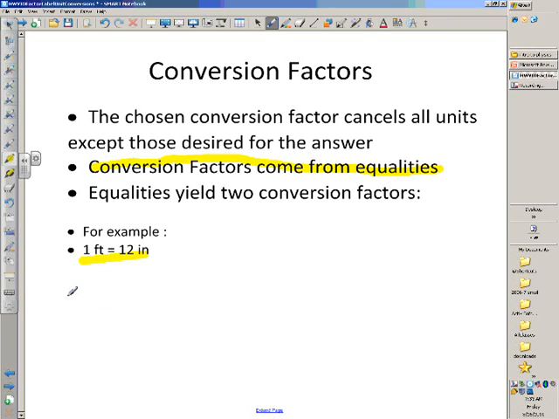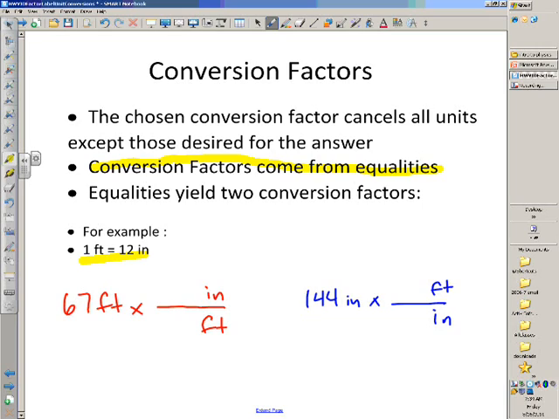If we start off with something in, say, 67 feet as our measurement, right? Times sign, fraction bar, we're going to have feet on the bottom, and we want to convert that into inches like that, right? But if we had measured something originally in inches, like 144 inches, right? Times sign, fraction bar, inches go on the bottom, feet go on the top.